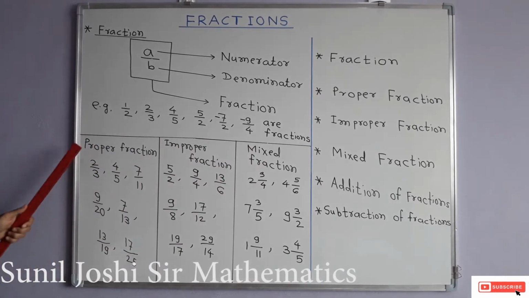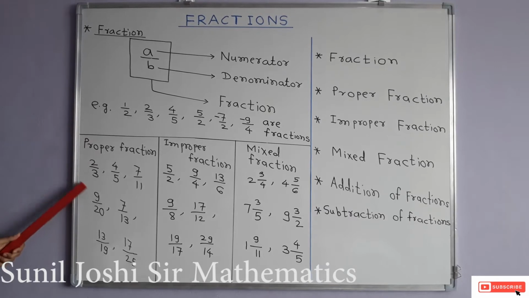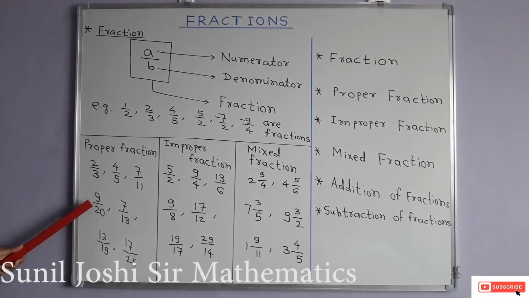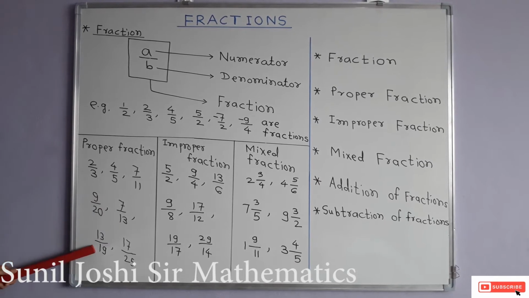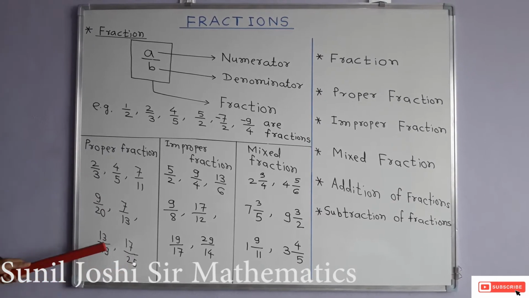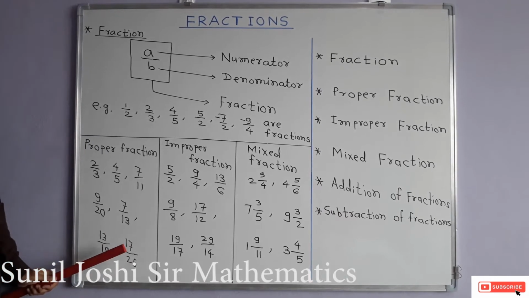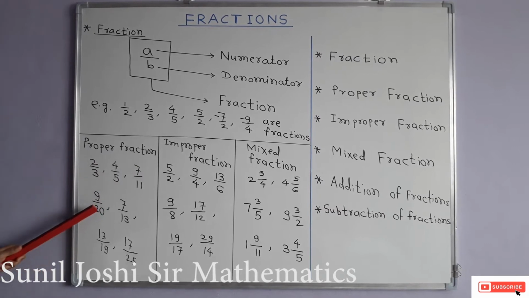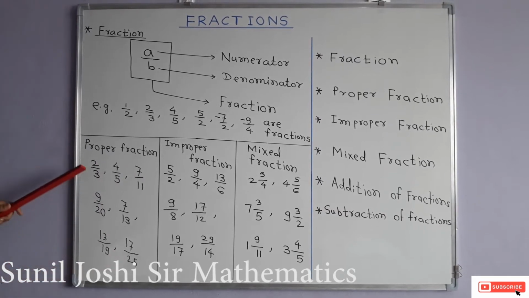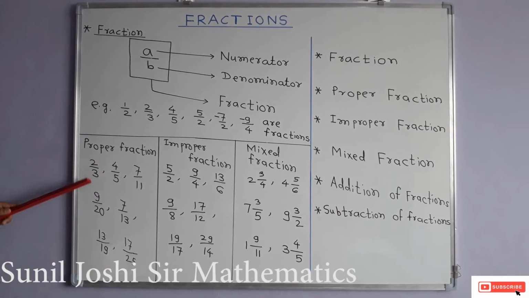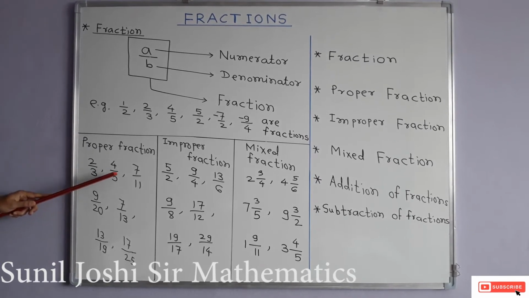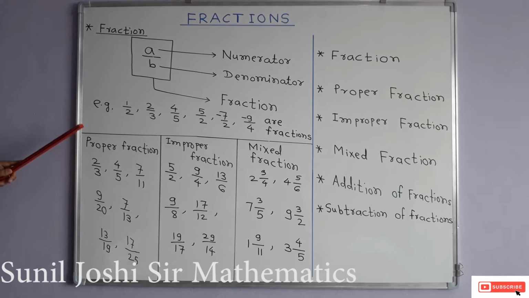So let us see here the examples of proper fractions: 2 upon 3, 4 upon 5, 7 upon 11, 9 upon 20, 7 upon 13, 13 upon 19, 17 upon 25. These are proper fractions. Students, why do we call these proper fractions? See here, there is one rule in all these fractions. If you compare the numerator and denominator, you will find that the denominator is larger than the numerator.